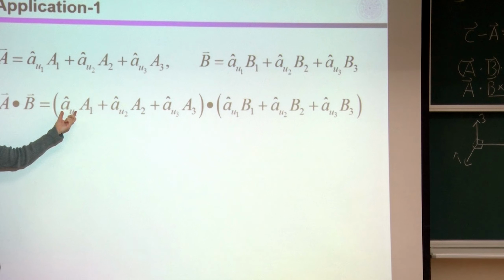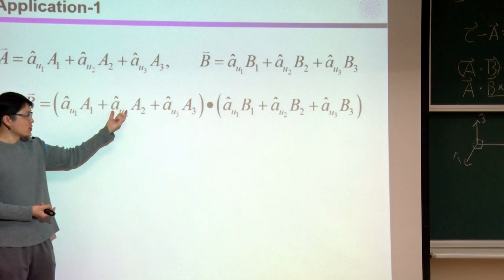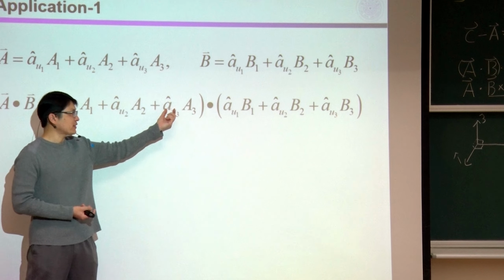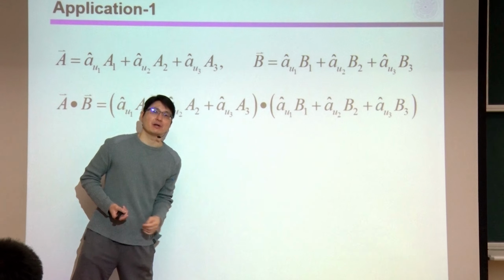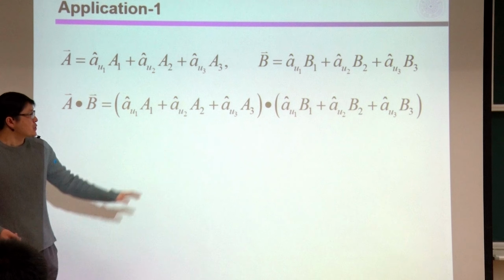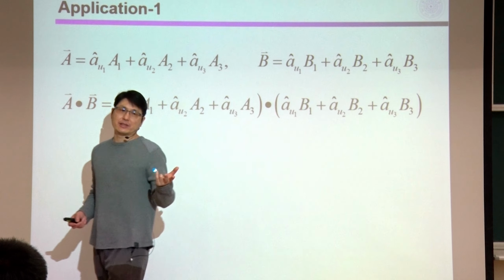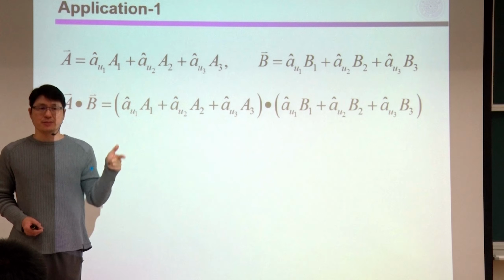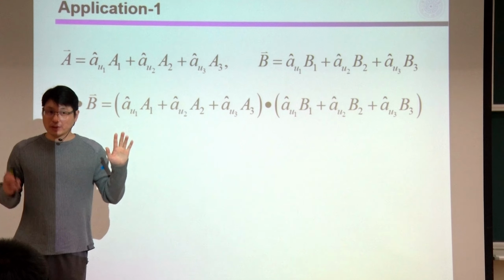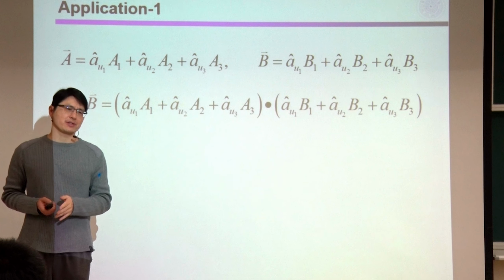Unit vector 1 with that length, unit vector 2 with that length, unit vector 3 with that length, so on for B. So you have three components multiplied by three components. So ideally, you would have 9 terms.